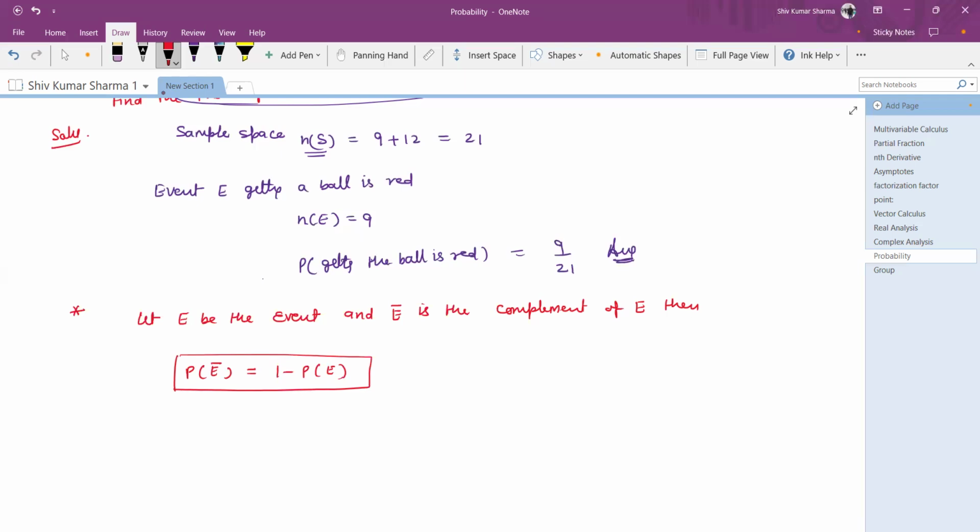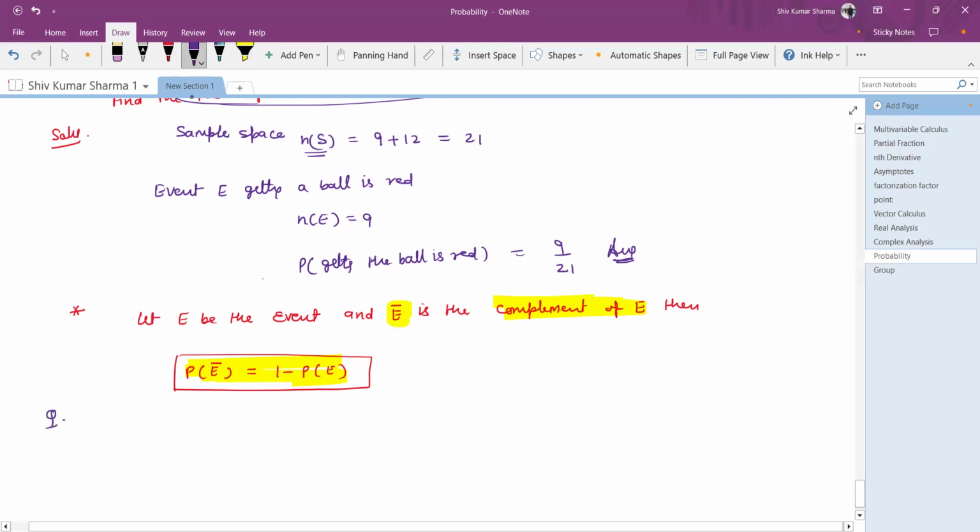We will use this in questions for complement events. The complement of E we denote as E bar.